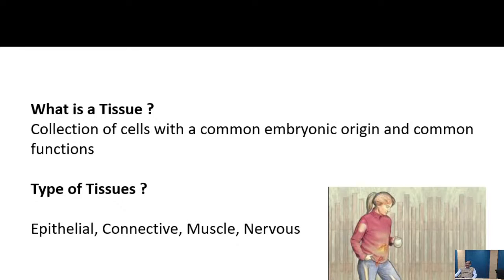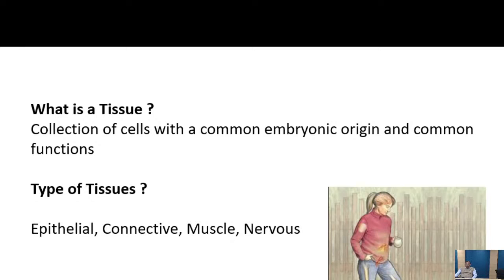Like if we look at the bones of the upper limb, all of you know there is the humerus. The humerus will be composed of tissues which will be bound together by the connective tissue. So connective tissue is basically a binding tissue. It gives the shape and form to any organ.